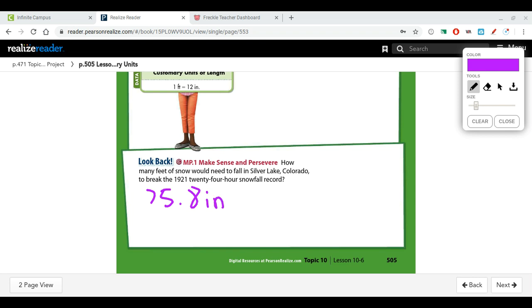So I'm going to take this and divide it by 12 inches. When I divide this by 12 inches, that's going to convert it into how many feet I need. So when I divide 75.8 inches by 12, I end up with 6.32 feet.